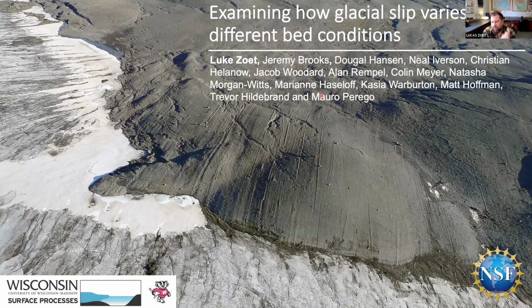Hard meaning it could be like a crystalline bedrock that doesn't deform, and soft being a granular material that does deform. And so we'll look at how slip varies across those different parameter spaces from a combination of experiments and modeling with a tiny bit of field work that we've done.